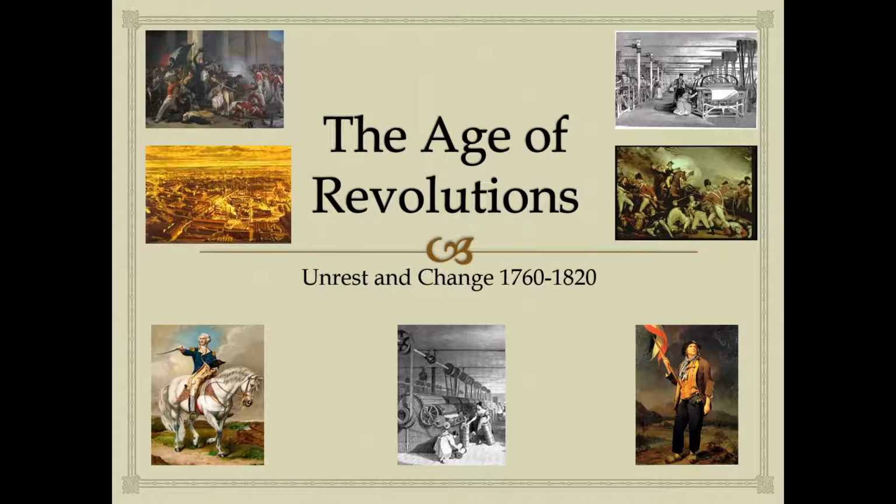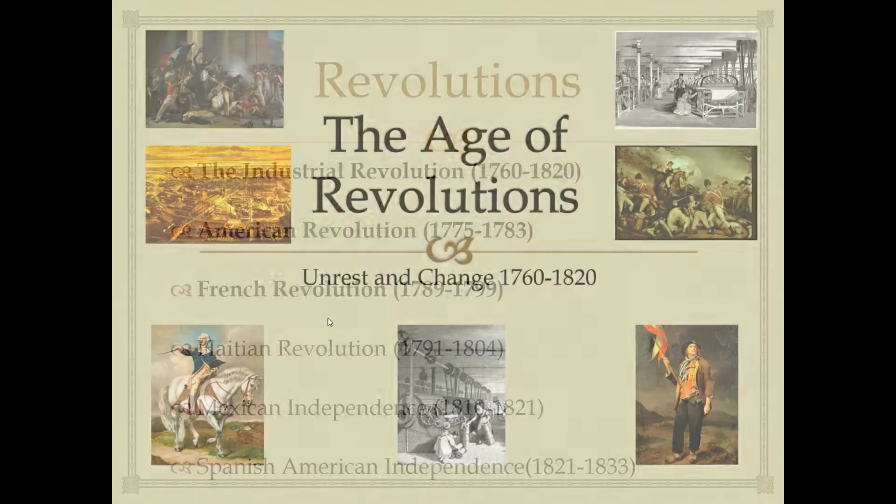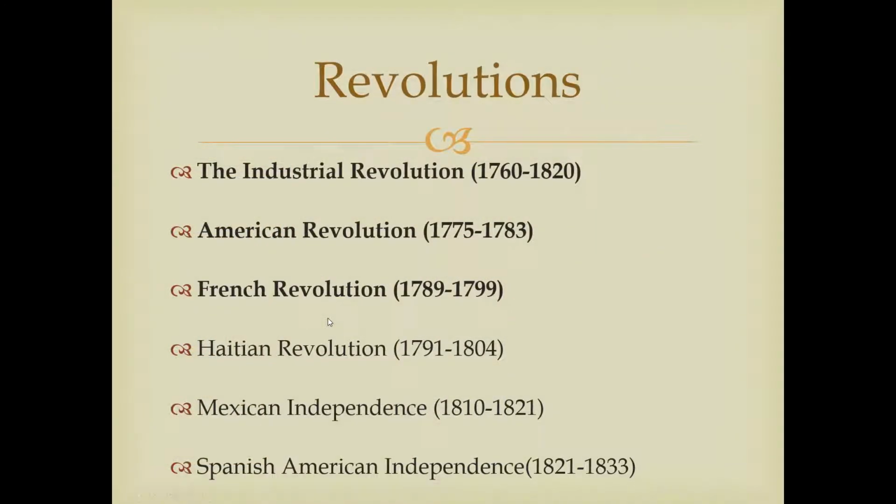And this lecture here will look at what it is that permanently changes the way that colony and mother country operate. And so today we're going to be looking at a few revolutions.